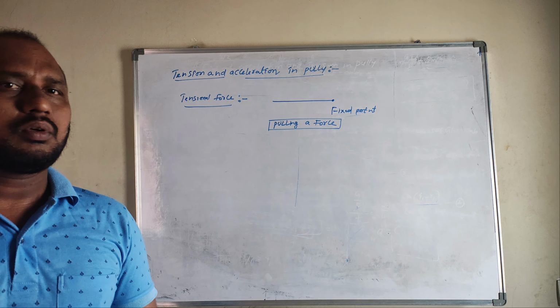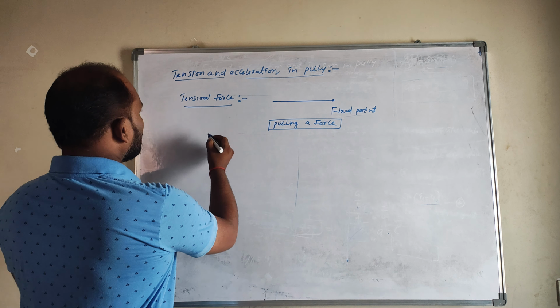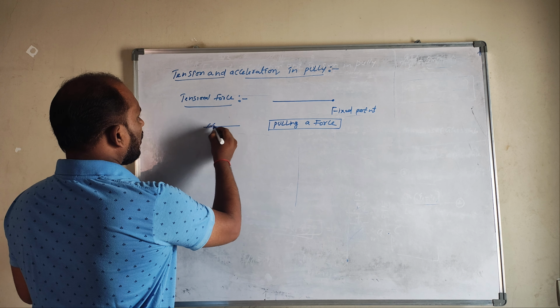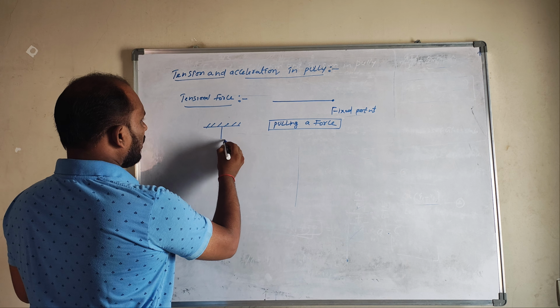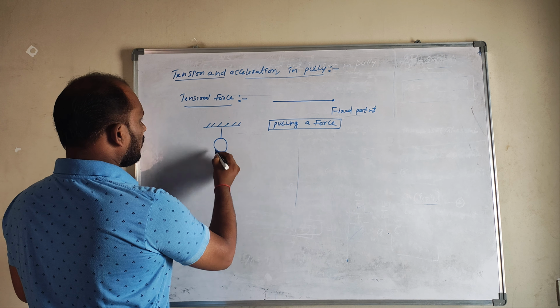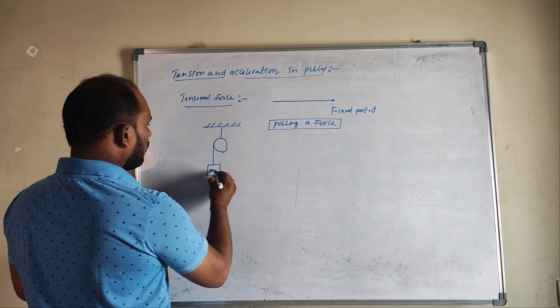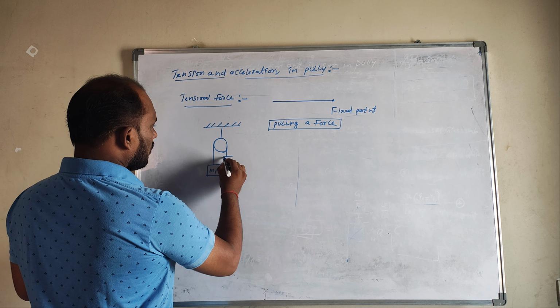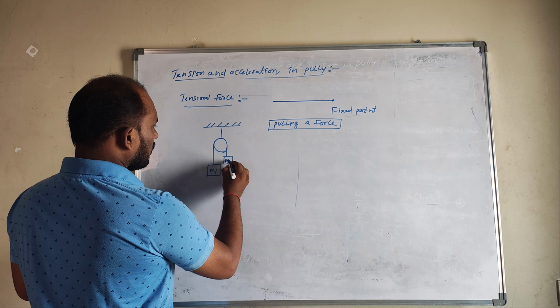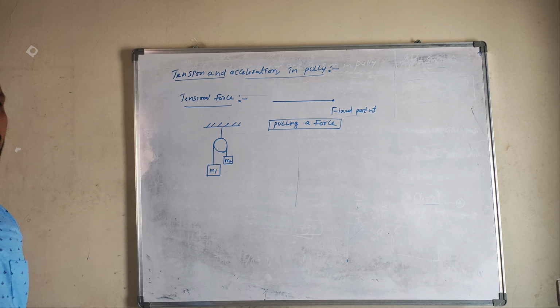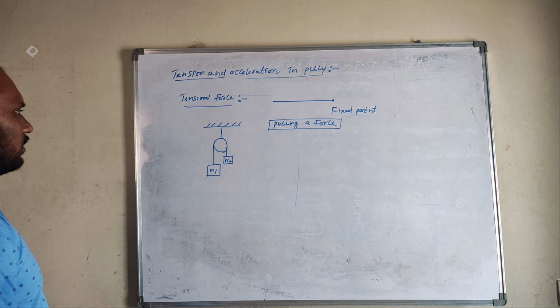So let us take an example. Now I am taking one pulley. I have a block, let us say M1 is a block, and M2 is also a block.